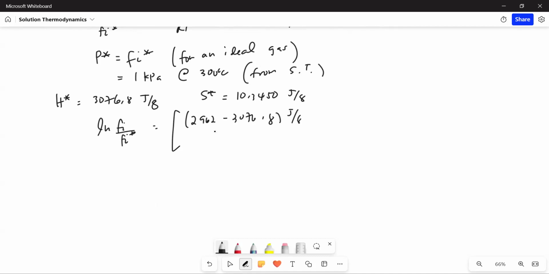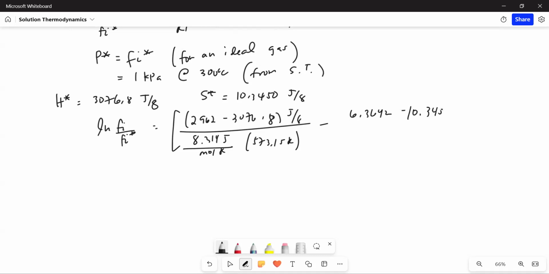This is joule per gram, and this is 8 over R, 8.314 joule per mole Kelvin, times 573.15 Kelvin, and this is S minus S star, which is 6.3642 minus 10.3453. So this is for the enthalpy, and this is for the entropy.